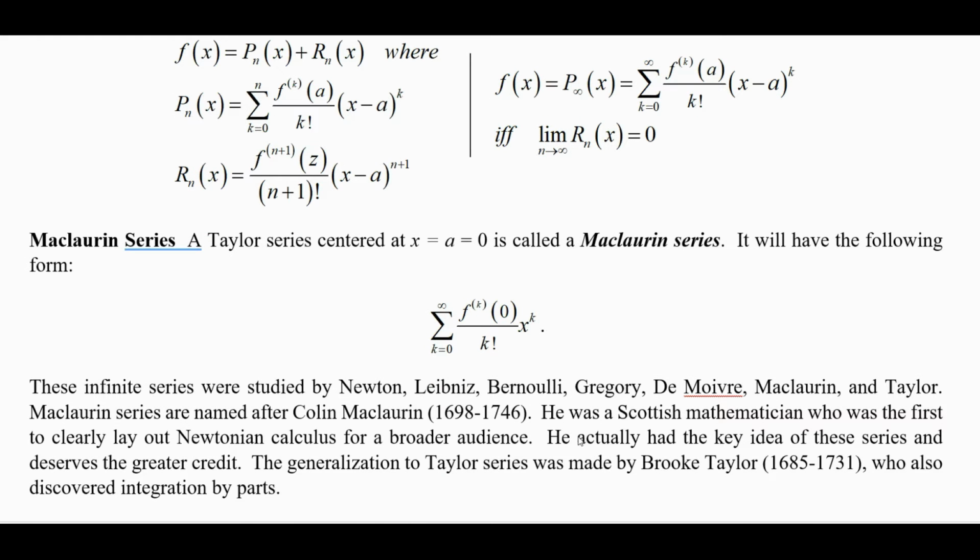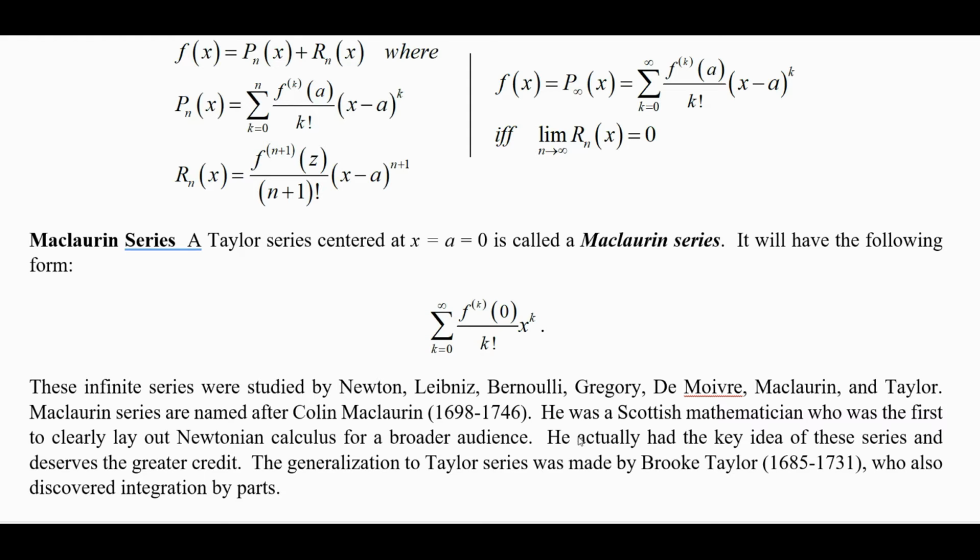Now, infinite series of these types were studied by lots of mathematicians, even the guys that started out calculus: Newton and Leibniz, also the Bernoulli family, Gregory, de Moivre, Maclaurin, and Taylor. Maclaurin series are actually named after Colin Maclaurin. He lived from 1698 to 1746.